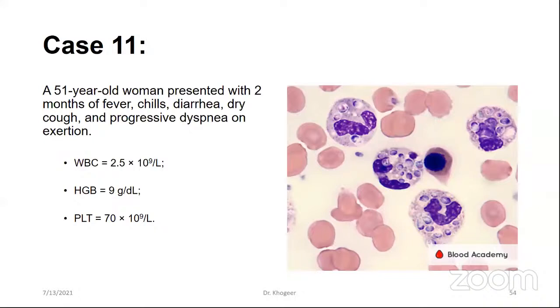Okay, what other question? This is a good example. What is the source of Auer rods and where are they coming from? So Auer rods are an abnormal collection of the primary and secondary granules in the blast.